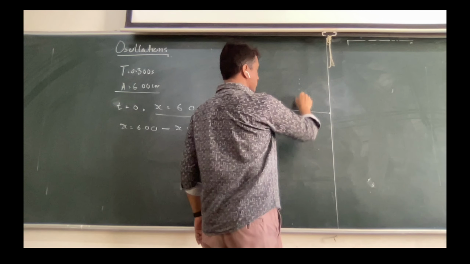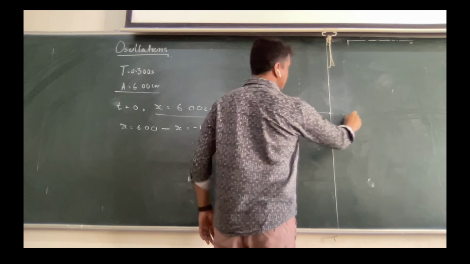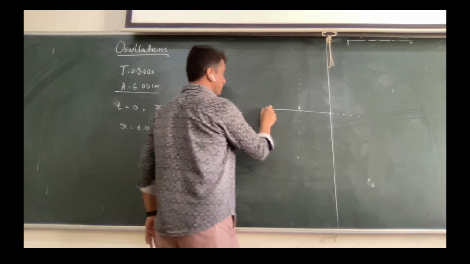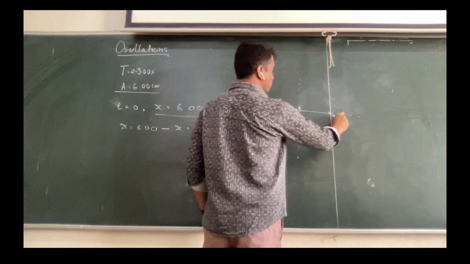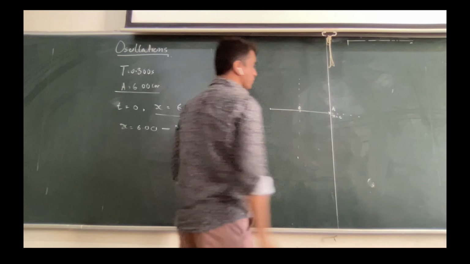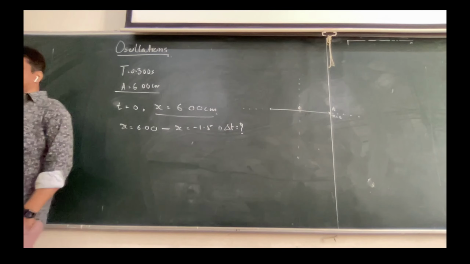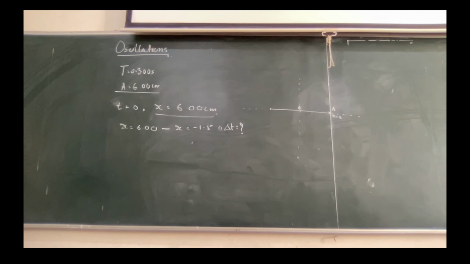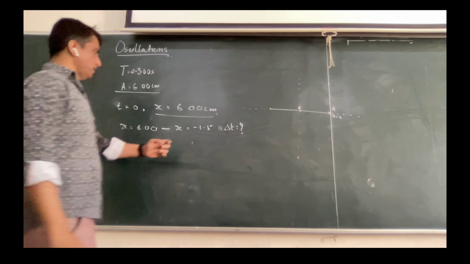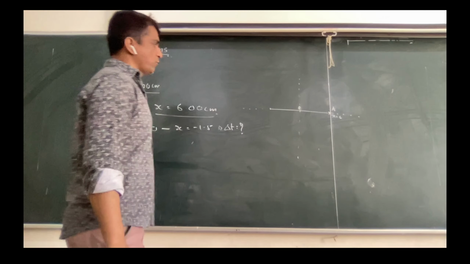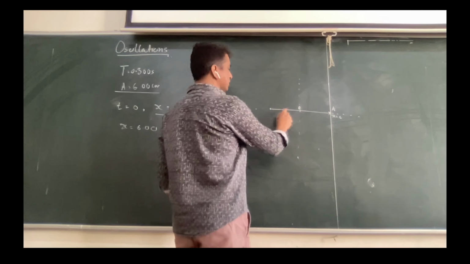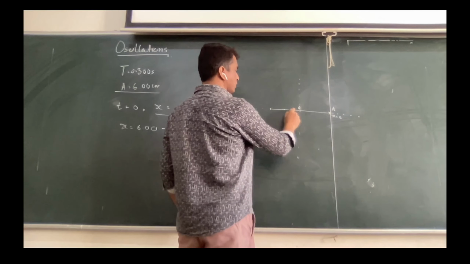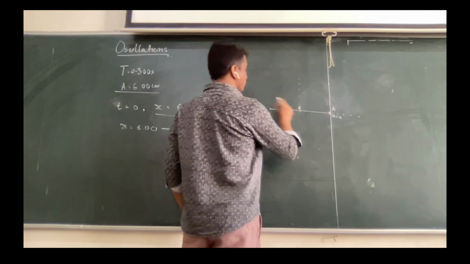If I take this as y-axis and this as x-axis, the particle is here, x is equal to 6, which is also amplitude. Correct? Where does the particle have to come? The particle has to come to minus 1.5. Minus 1.5 will be here. You can guess: half of 6 is 3, and half of that is 1.5. The particle has to come here.